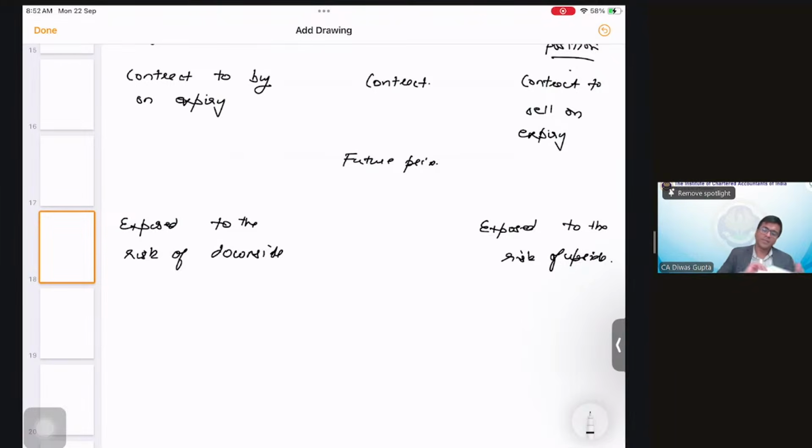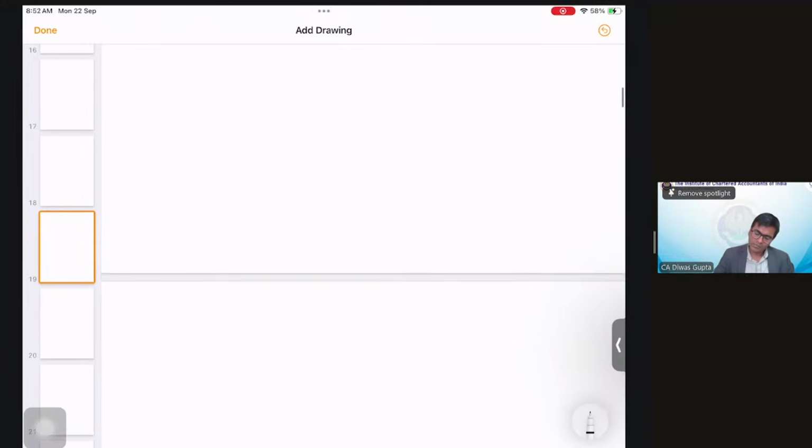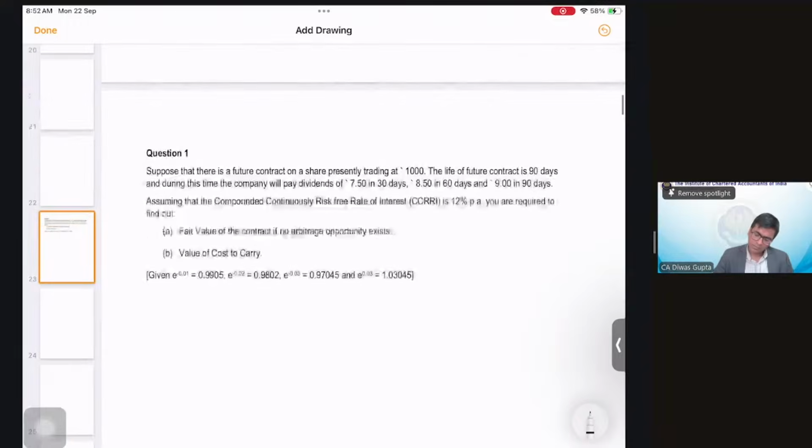Now let's come to the first question as a part of the assignments that was shared with all of you. Suppose that there is a future contract on a share presently trading at rupees 1000.